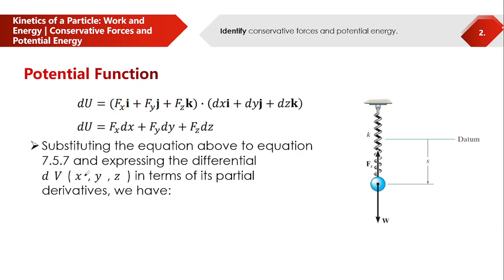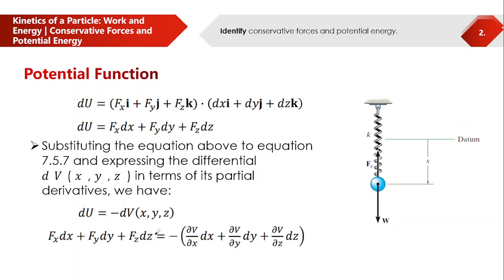Okay, so partial derivative ng dV natin, that will be partial derivative V to x dx. Ayan. So, ito na yung final, yung dU mo is equals Fx dx plus Fy dy plus Fz dz. Okay? Tapos yung difference mo dito is we express in terms of partial derivatives.